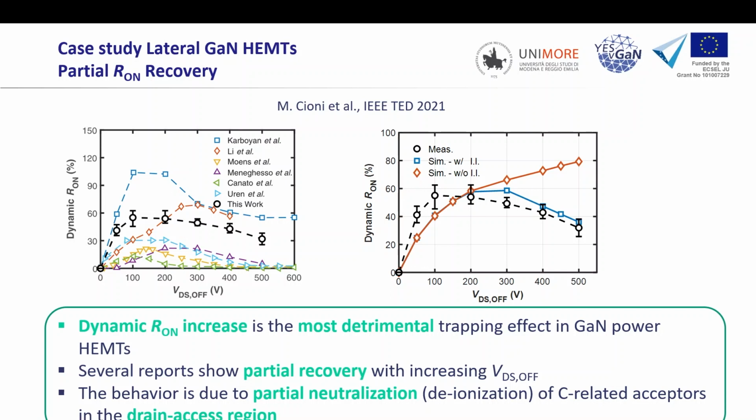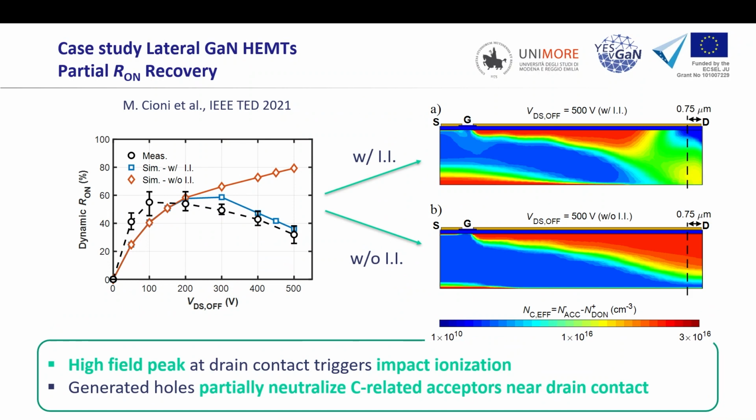So the Ron was actually decreasing because the 2DEG was more populated than at, I don't know, 100 volt compared to 500. Instead, the simulation shows clearly that if you don't account for any generation mechanism, then the negatively charged traps in the buffer will just continue to increase, and consequently your Ron will increase.